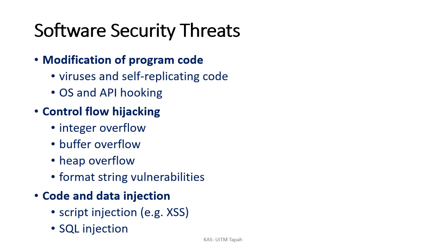The next one is code and data injection. This means they create their own scripts, which in security we call an exploit. The exploit is normally created by hackers, and they provide a script inside it.